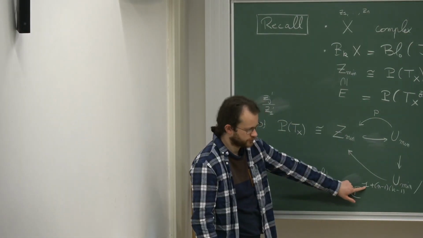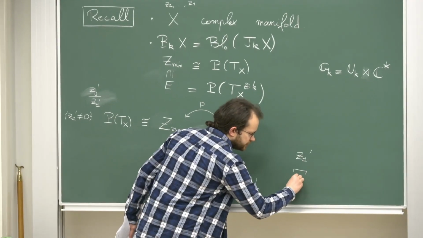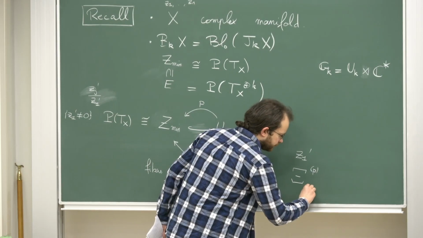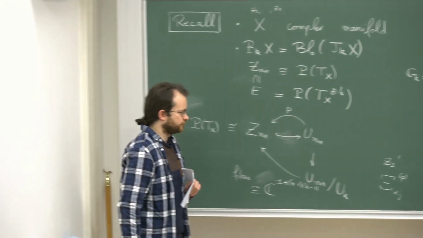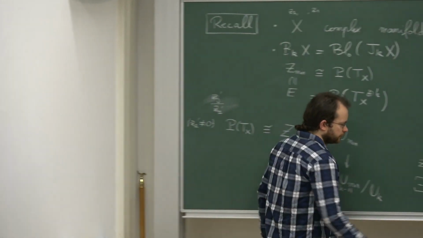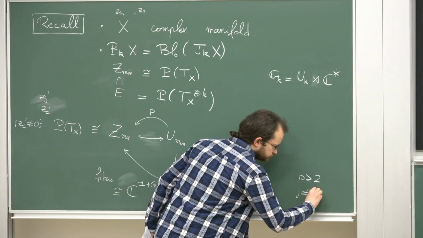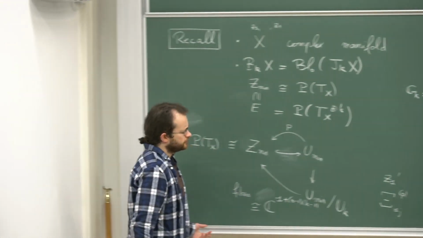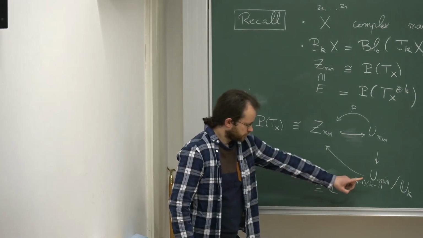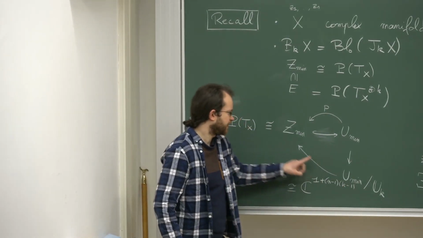And also you had the coordinates, which I denoted by C, P1 J, with P larger than 2 and J different. Right, maybe let me recall what the formula is for these coordinates, but I just want to emphasize the fact that these are vertical coordinates on the fibers of this morphism.